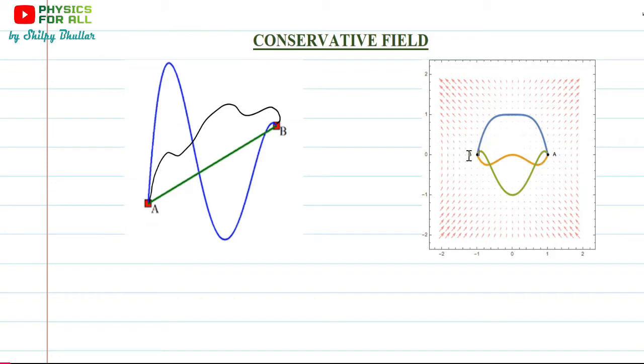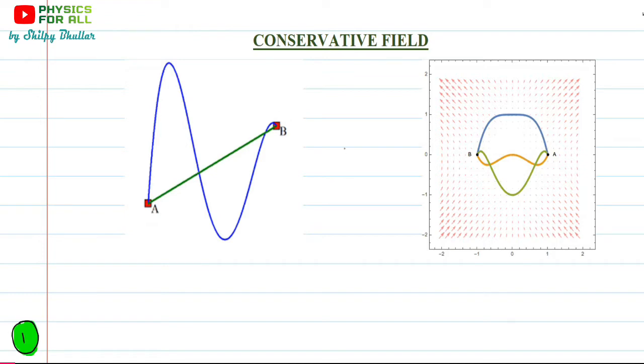No matter whatever path you draw between these 2 points, the answer will simply depend on the limits, because after all it's a field and we know that we have to take line integral because these are basically curves or the lines drawn. So if we have to integrate it, in that case we have to put the limits. So the answer would solely depend on the limits and not on anything else.